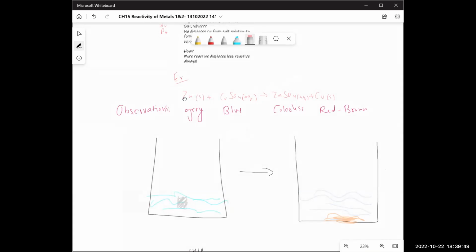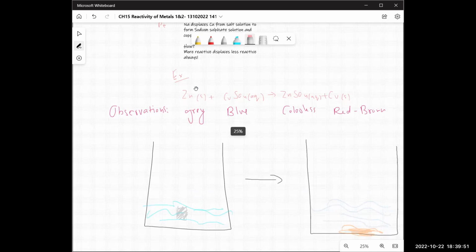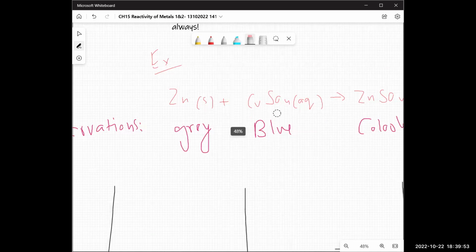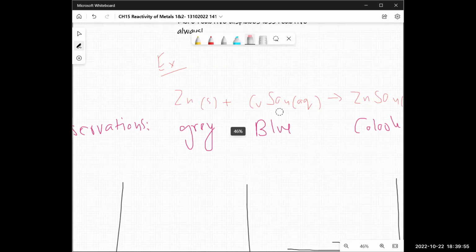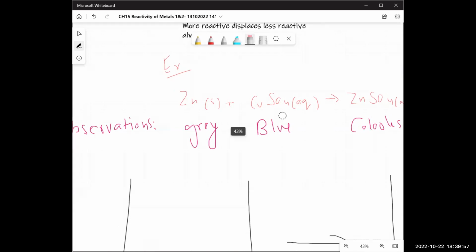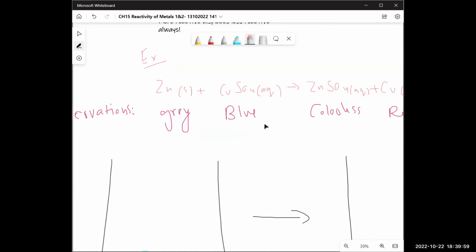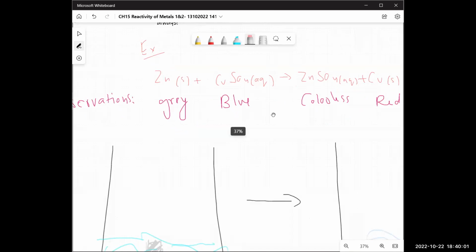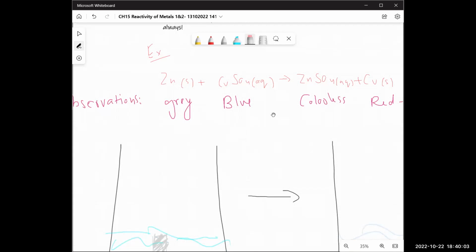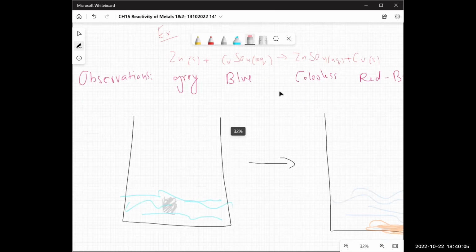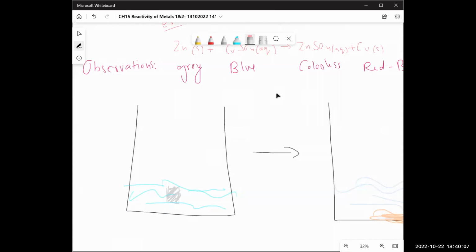Now look at another reaction. Can someone tell me what is more reactive, zinc or copper? Zinc. Zinc is more reactive, so it will replace copper. It won't replace copper sulfate, it will replace copper. One thing they'll ask in the exam is the observation: is the color change happening? Zinc is gray, but copper is red-brown.